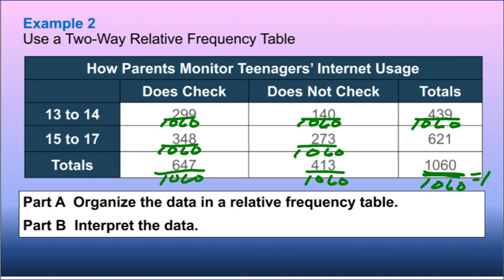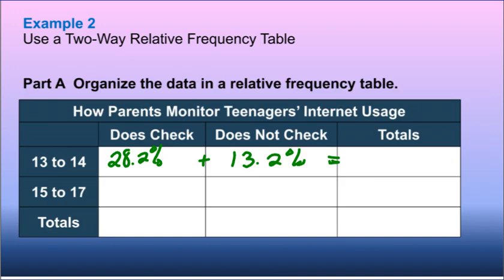We have 439 divided by 1060. That gives us 41.4. If you look at this, 2 plus 2 is 4, and 28 plus 13 does give us 41.